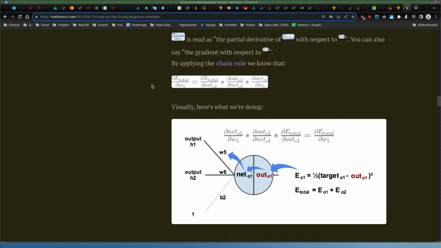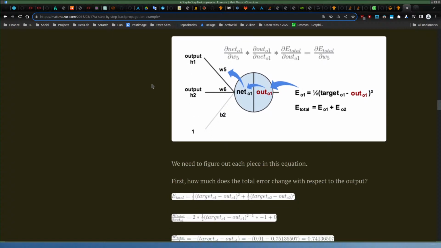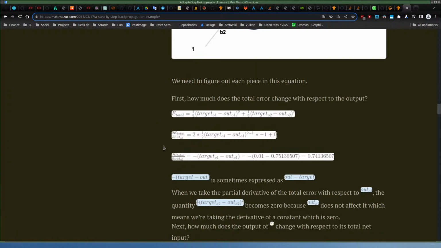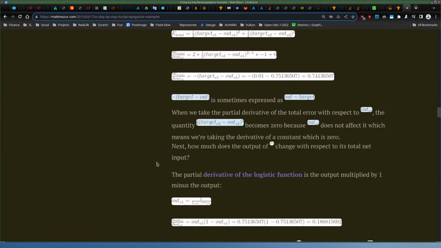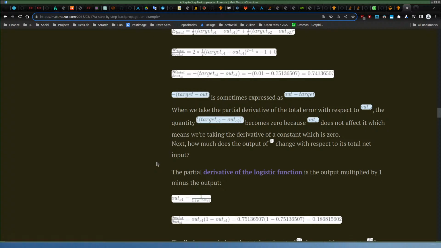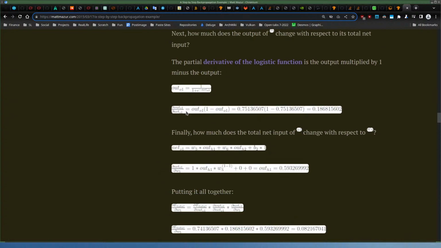Let me see what they do. Are they calculating one thing? Total derivative stuff. Out 01. That's 5.